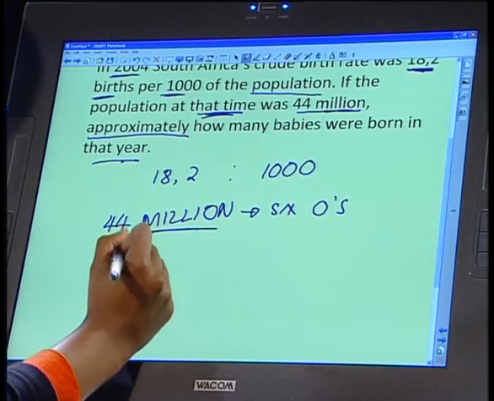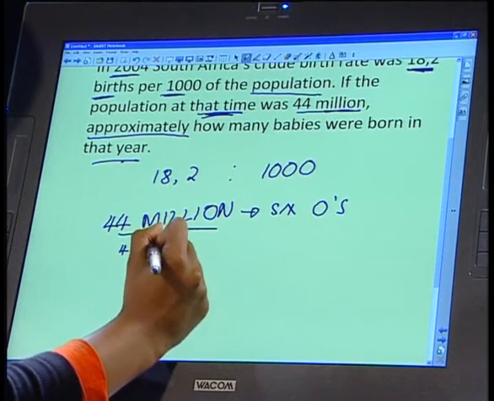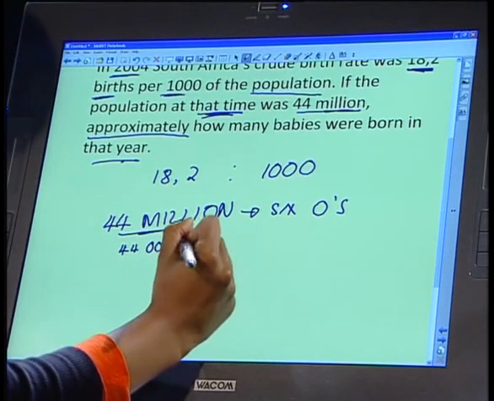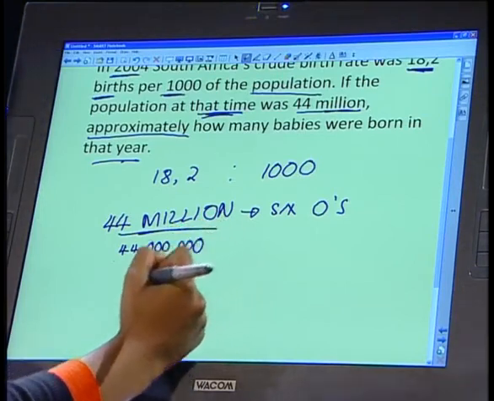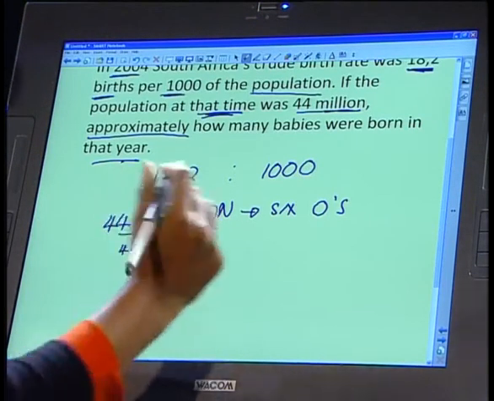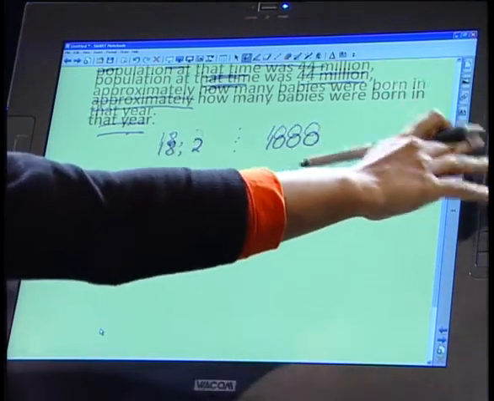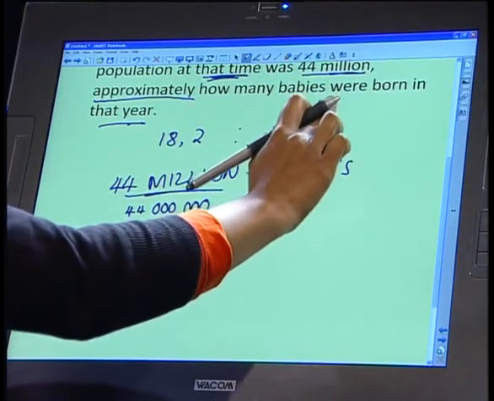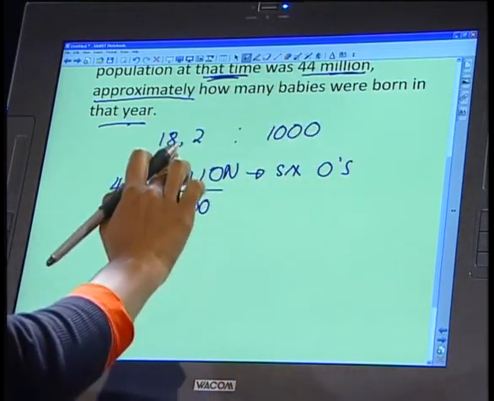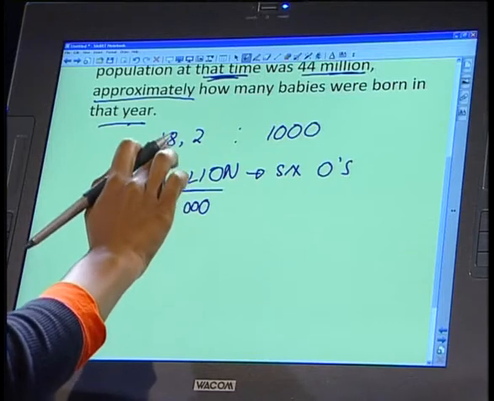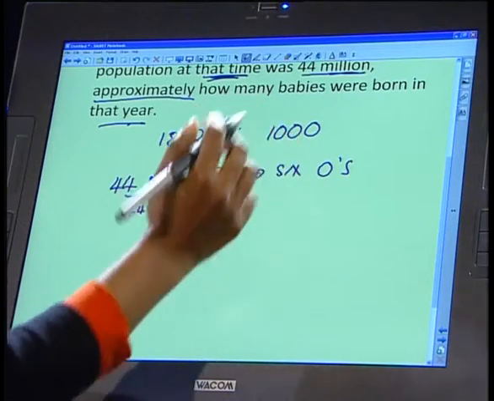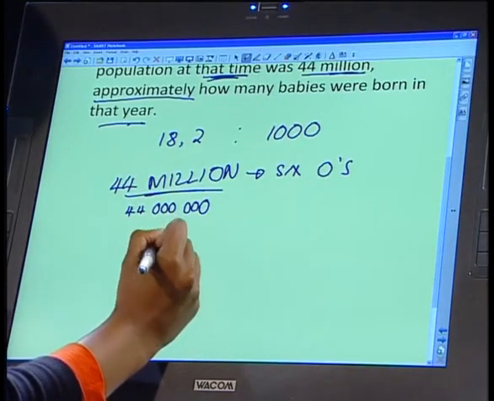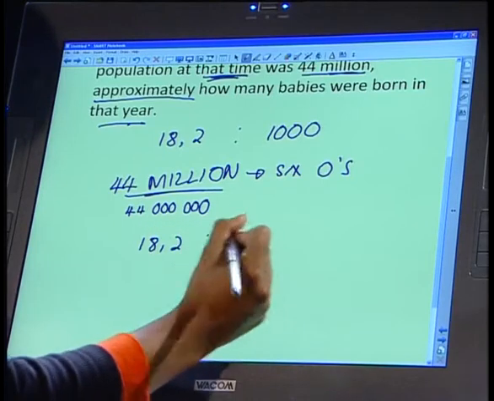Okay, so to write that down as a number, it would be 44 and then 1, 2, 3, 4, 5, 6 zeros. Okay, first let's deal with our ratio, because remember we're aiming to find out how many babies were born, but we just have that the crude birth rate was 18,2 births per 1,000. So we can simplify that a little bit.